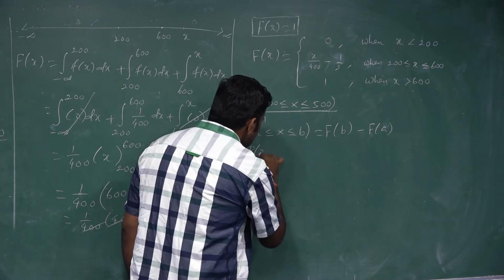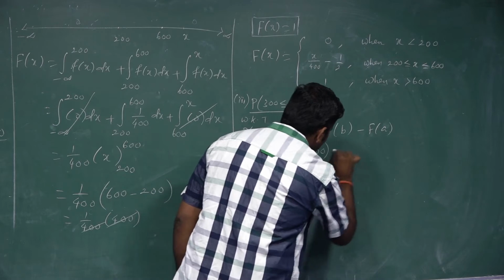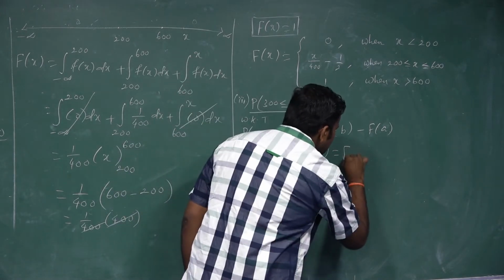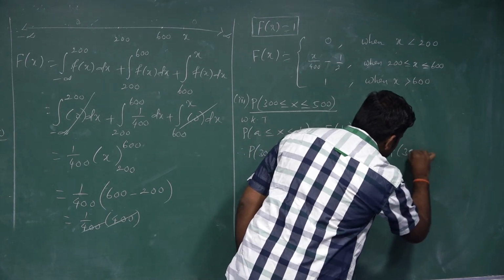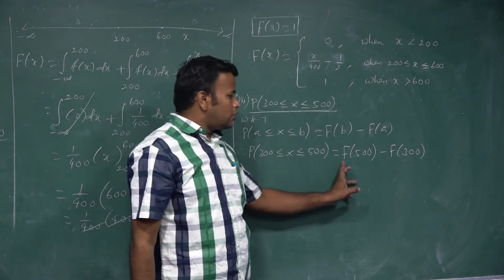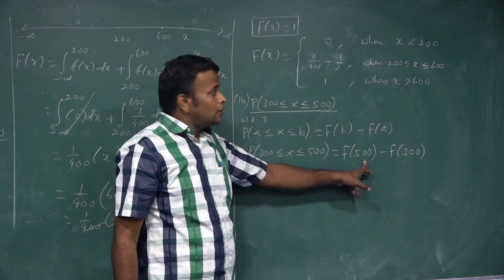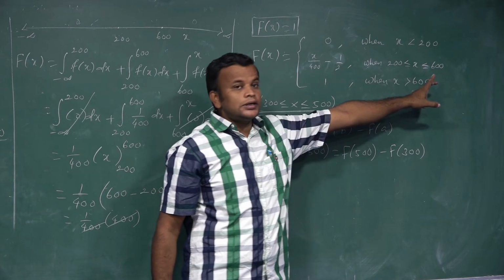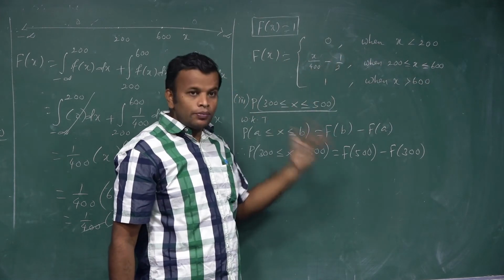Therefore, P of 300 less than or equal to X less than or equal to 500 is F of 500 minus F of 300. Now we find the value of F of 500. You see, the X value is 500. Suppose the value of X lies in the interval 200 to 600, capital F of X is defined as X by 400 minus 1 by 2.